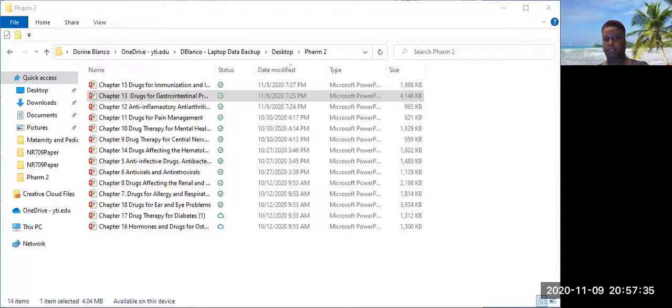Okay. So now your next category would be drugs for constipation and also diarrhea. So constipation is not considered a specific disease, but it rather is a condition associated with other health problems. And as you're seeing, a lot of times when you take certain medication, it affects that.